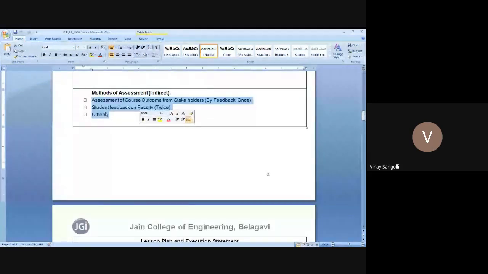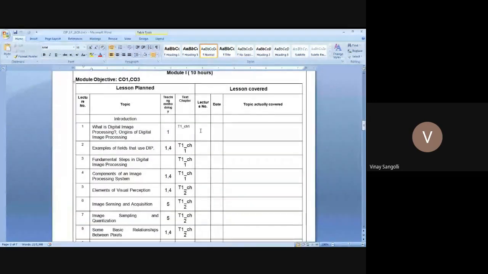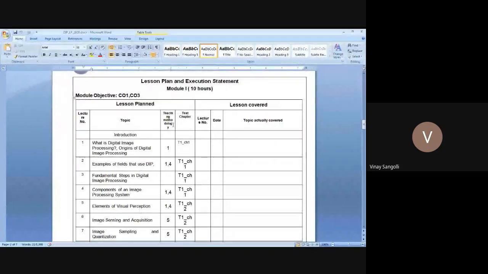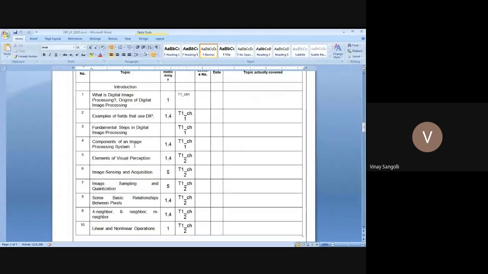Okay. So coming to your syllabus, we'll start with module 1 first. Then we will go ahead and decide what should be the next module. So for now, we will start with your module 1, wherein it consists of all the basic things. So first in module 1, we will try to touch upon what actually is this digital image processing, that is DIP, and we will also touch upon where all this DIP is used, that is, what are the various applications.